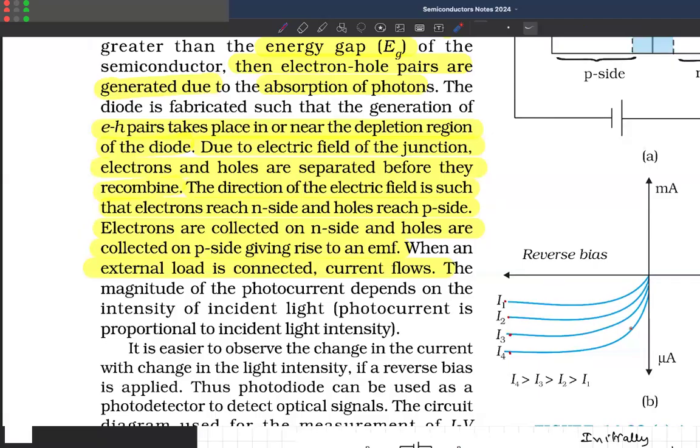I repeat, because of the strong electric field of the depletion region, the moment an electron hole pair is created, before they recombine, electrons are sent to the N region, holes are sent to the P region by this field. This adds additional current.